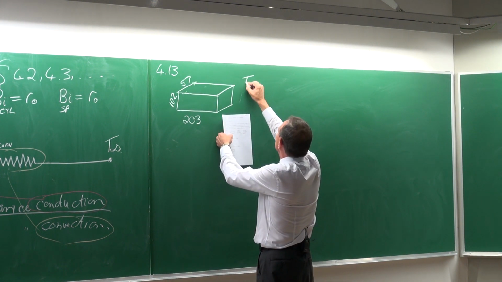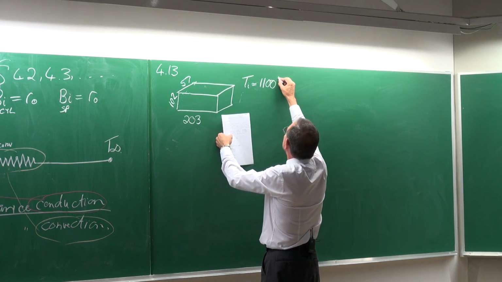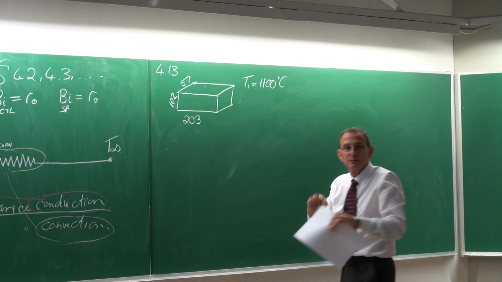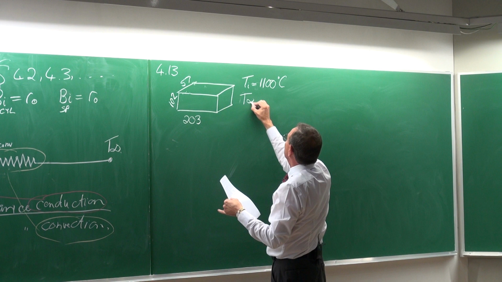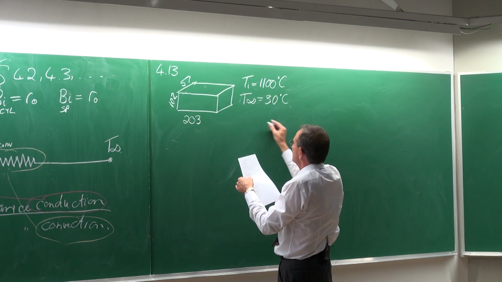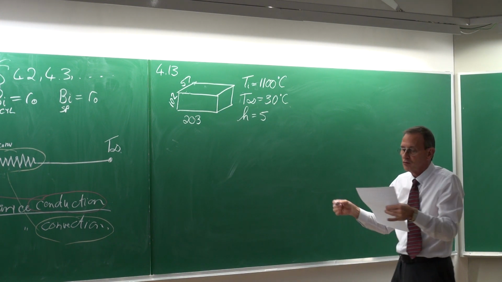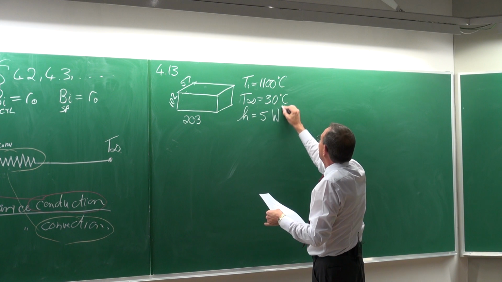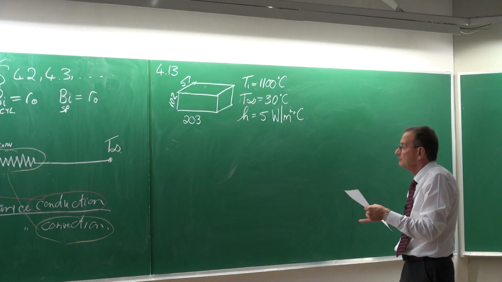The initial temperature of the brick is 1,100 degrees Celsius, so it must be in a kiln or something like that. Then the environment temperature is being dropped to 30 degrees Celsius. The heat transfer coefficient is low, natural convection environment, 5 watts per square meter degrees Celsius or Kelvin.